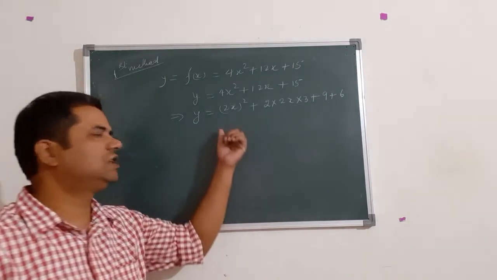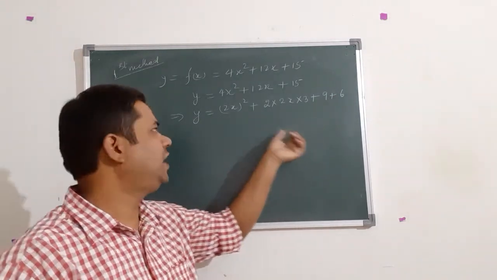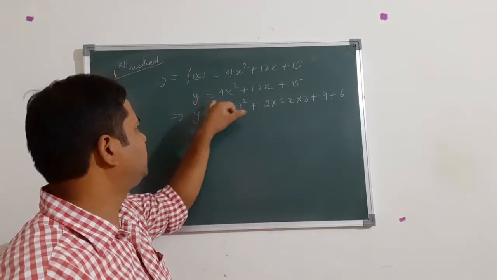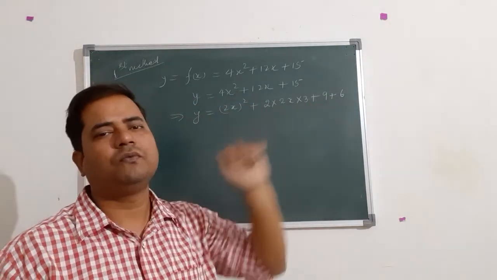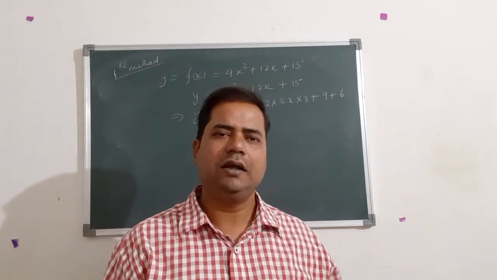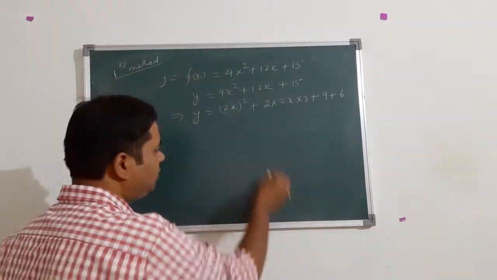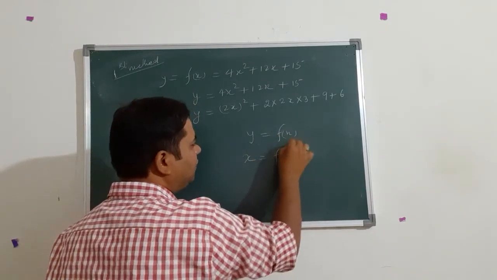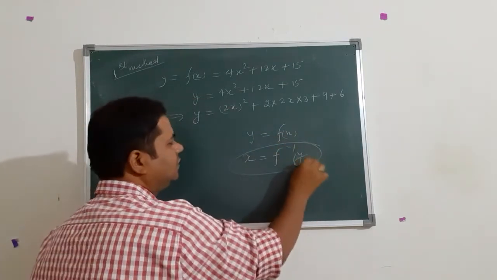Now you see, this is nothing but the completing square method. We have to complete this square, because without this we cannot represent x in terms of y. And if you represent x in terms of y, that is nothing but the inverse of the function. Why? Because if y = f(x), then x is nothing but f inverse of y.